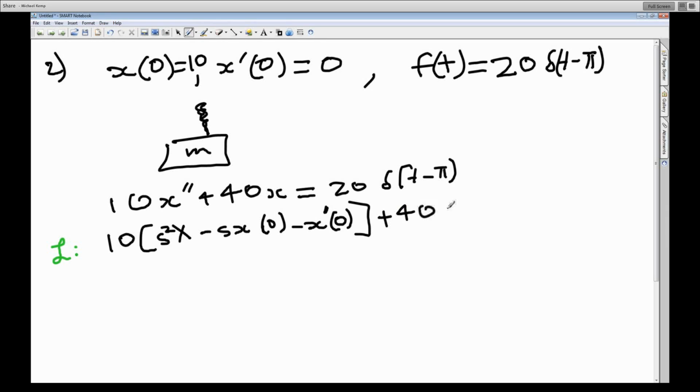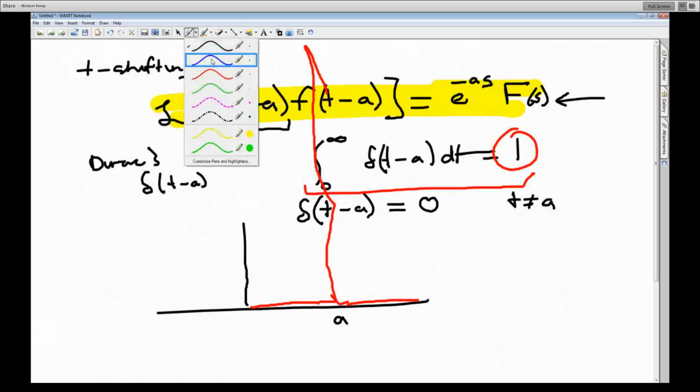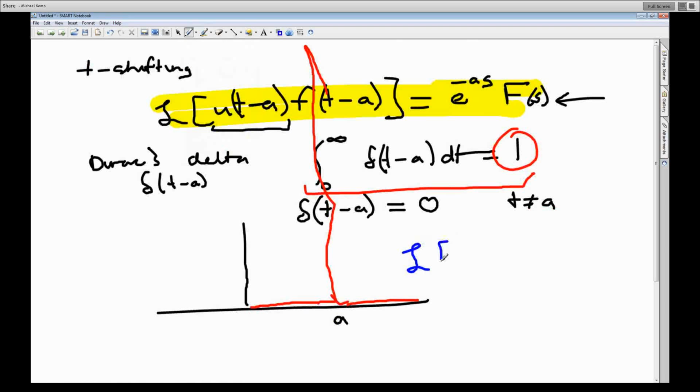Plus 40 times capital X, the Laplace transform of little x, and then the Laplace transform of the Dirac delta. I should tell you what that is now. The Laplace transform of the Dirac delta is just e to the minus a s. So it's really just one, shifted along, again with some shifting going on.